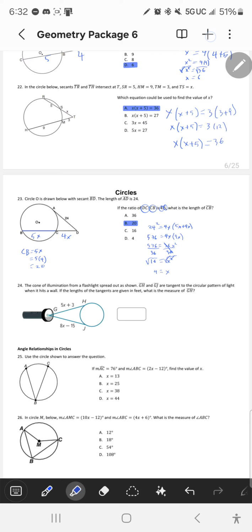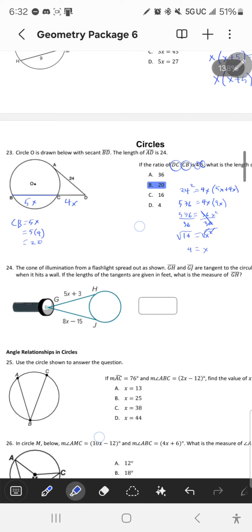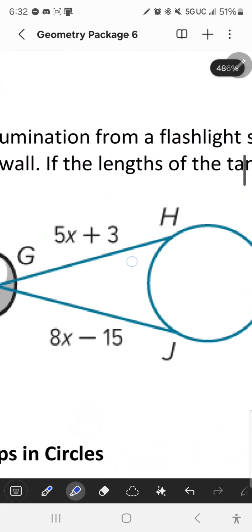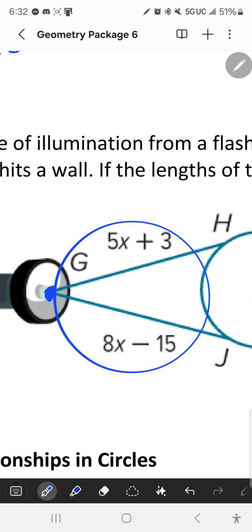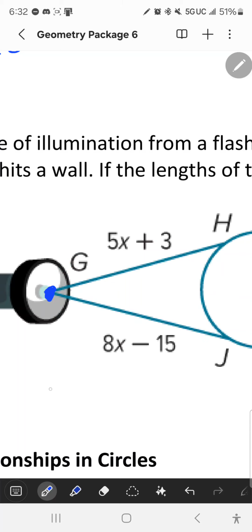Okay, let's look at it now. Something interesting about tangent lines is that if they have a common vertex, which is the point outside of the circle, if two tangent lines of a circle have the same point outside, then they are equal to each other. So this ends up being an easy exercise.